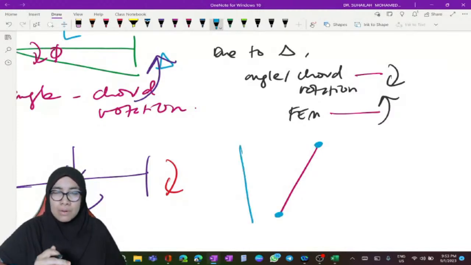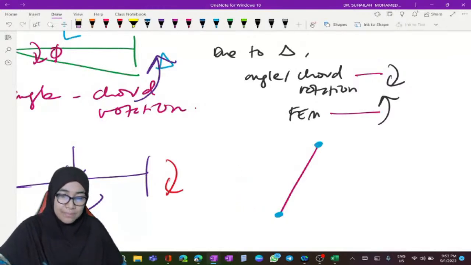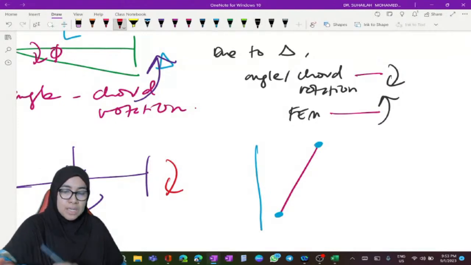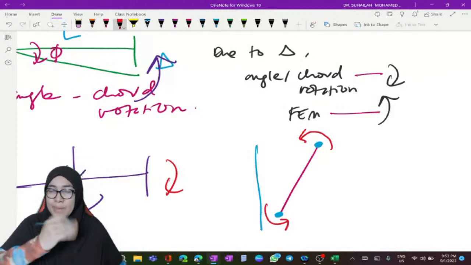So how are we going to do this? To make the incline go to a straight position again, we have to apply moment in this direction and in this direction. Then only can it move back to the straight position.